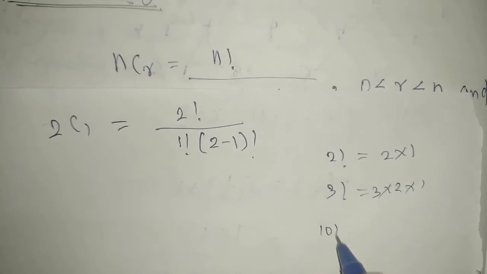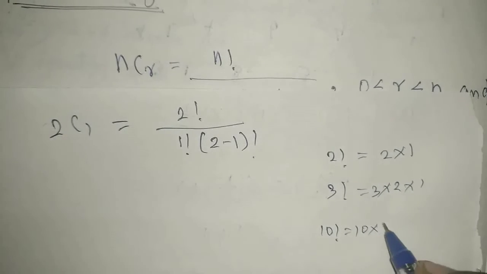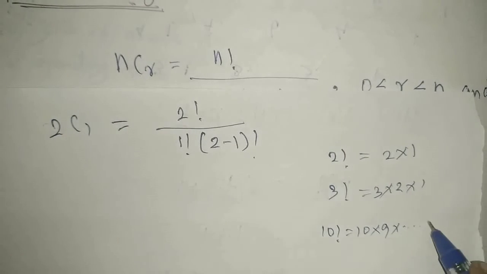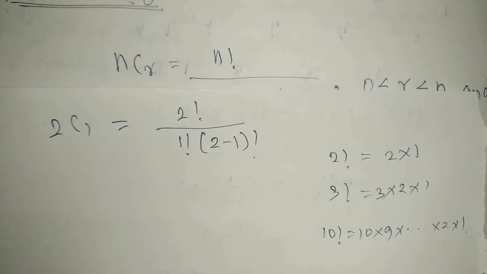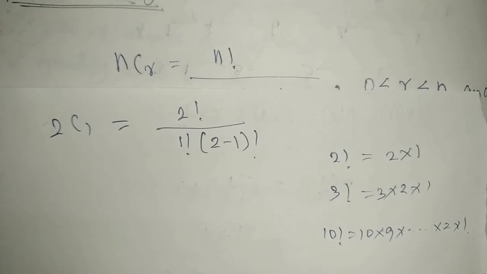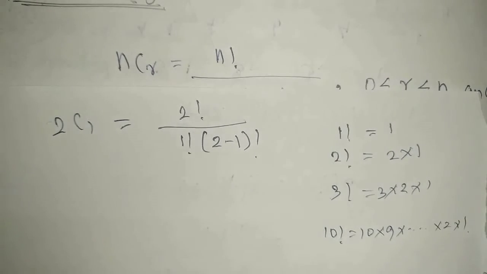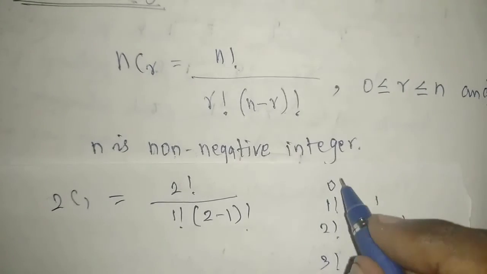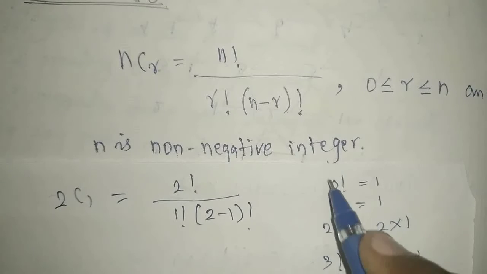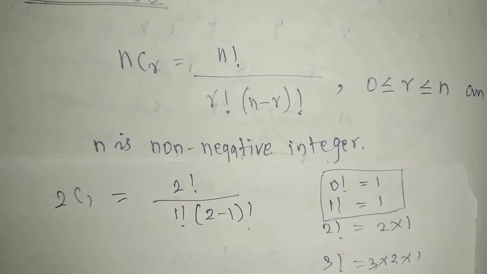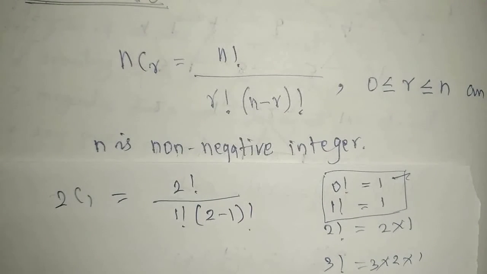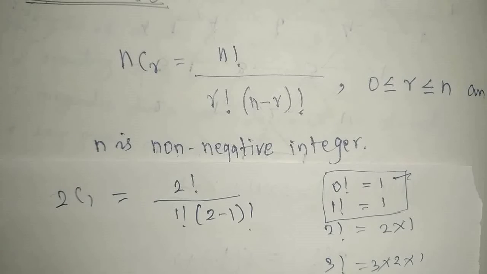Suppose 10 factorial, you need to write 10 into 9 and so on up to 2 into 1, understand? And 1 factorial, the answer is directly 1, and 0 factorial is also 1. For both you will get the same answer. For this we have a long proof actually, we will see inside these things.